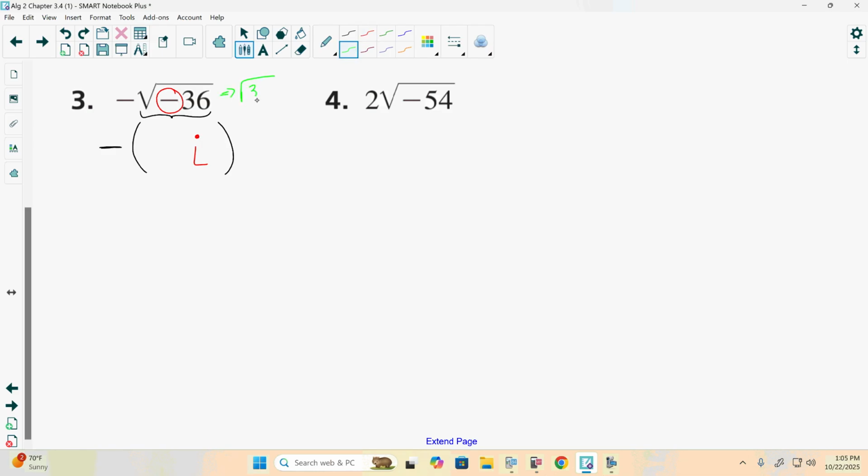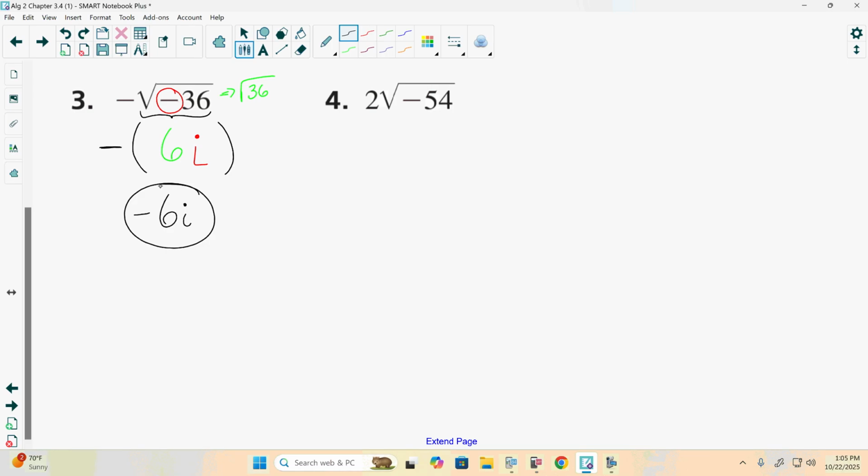The square root of 36. So what is the square root of 36? It is 6. So we have negative times 6i, which would be negative 6i. Questions on this here?